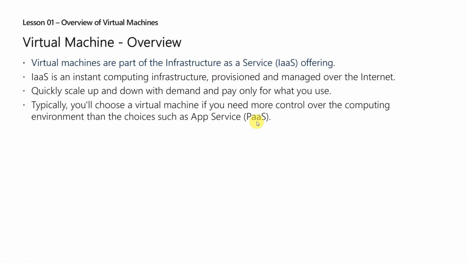Little control will be available in PaaS, but complete control is available only in virtual machines. For example, you want to install custom software. Obviously, in order to install, you have to log into the machine, then download the software, install it, and configure it. All that is possible only with a virtual machine.